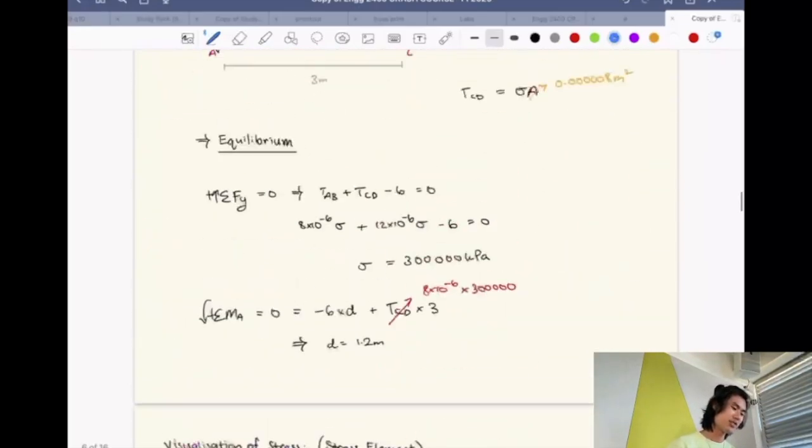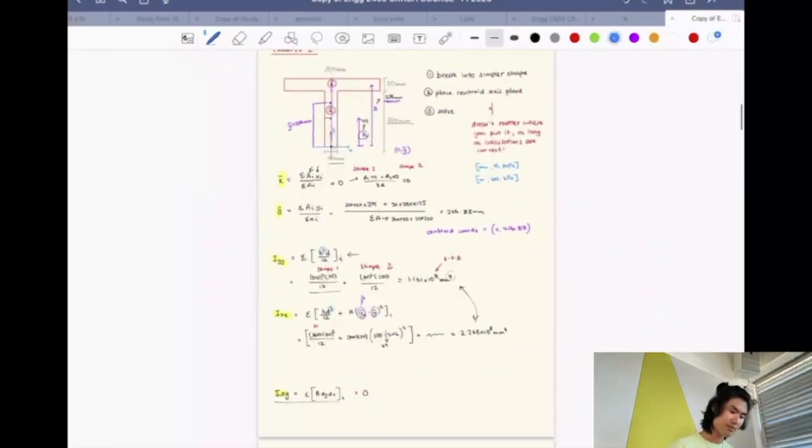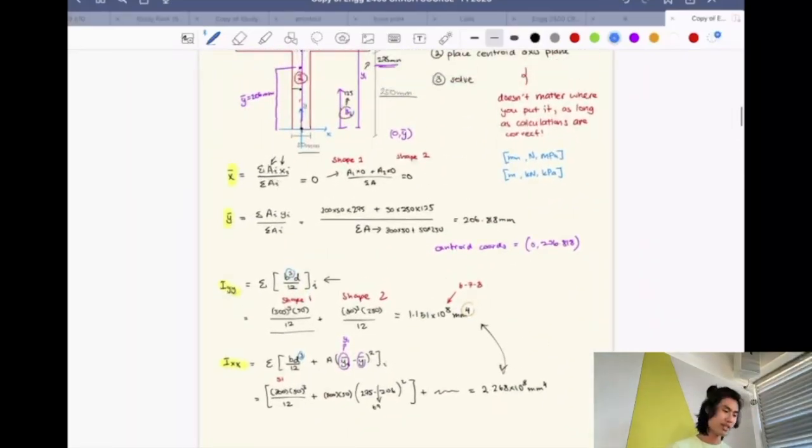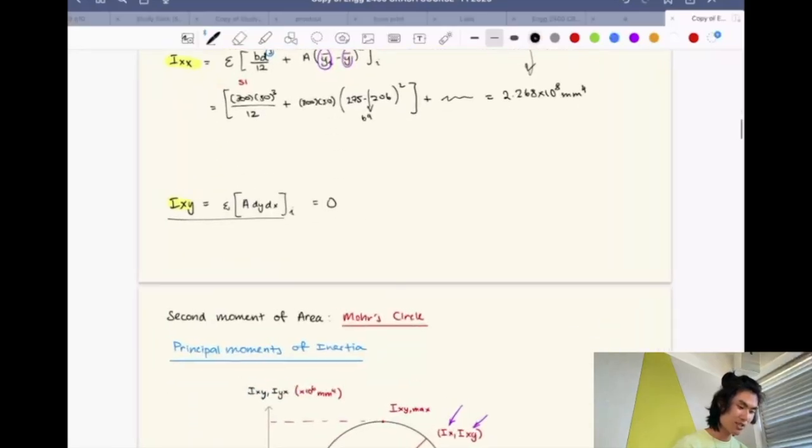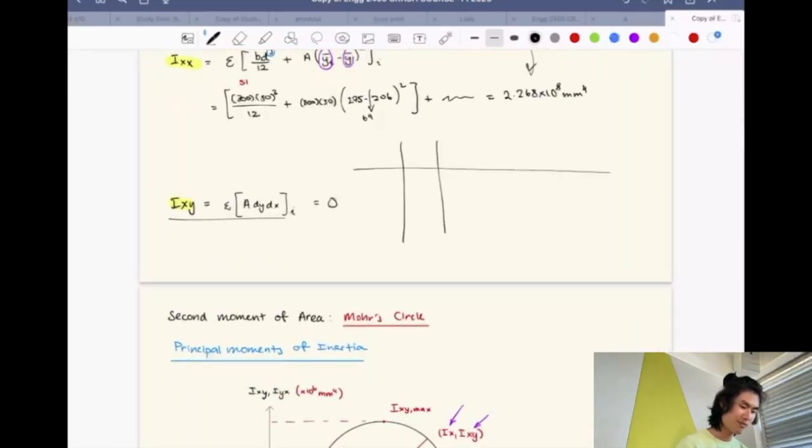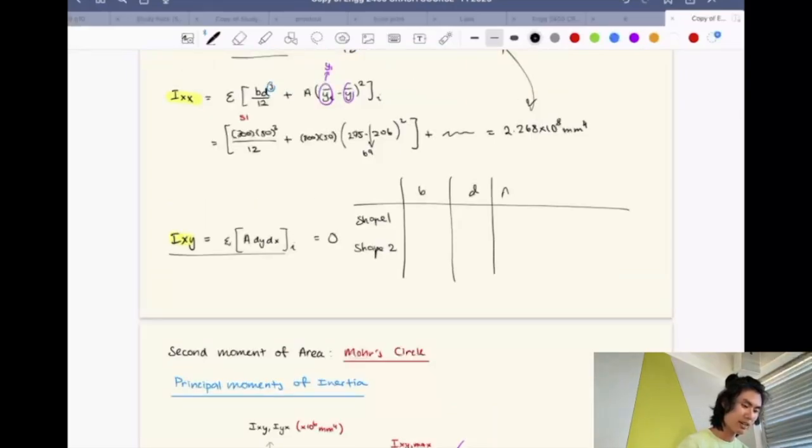I know that for inertia, a good way to do inertia questions is to just pull out a table. Pull out a table and say, this is shape 1, shape 2, this is B, this is D, this is the area, and you'll find the centroid somewhere else.